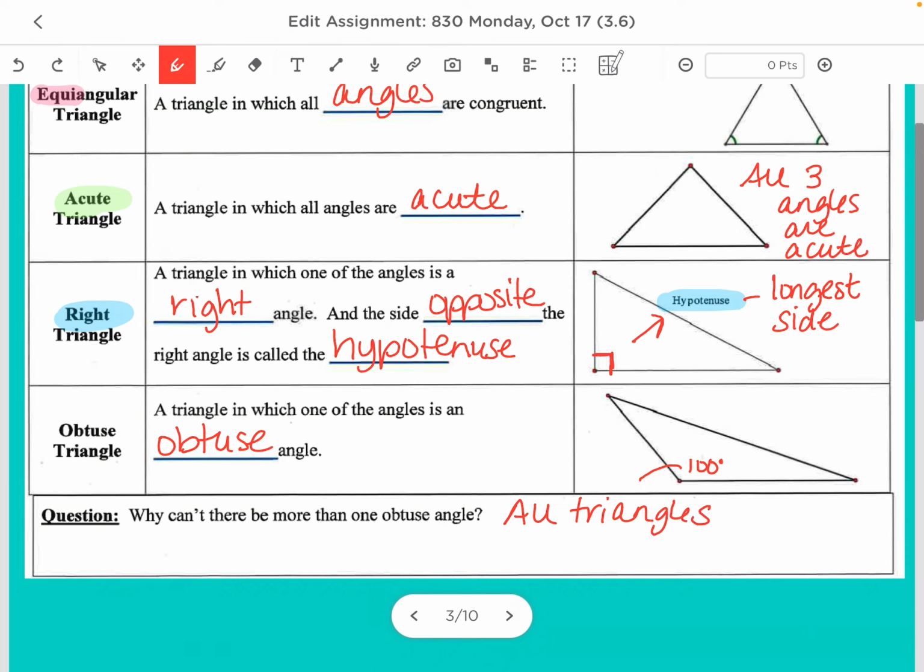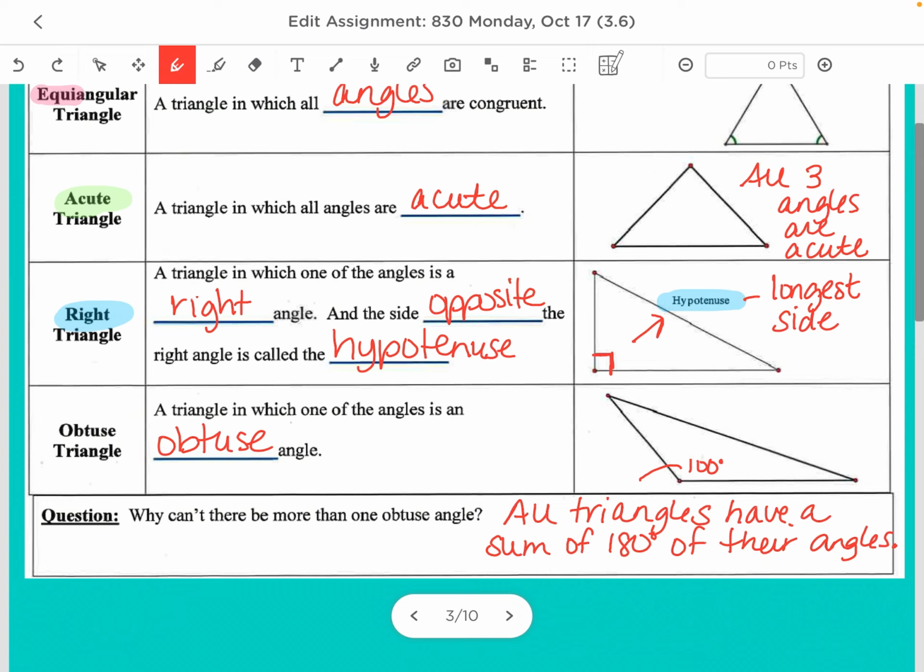So any triangle that I add all the angles of, they're going to have 180 degrees when I add them together.